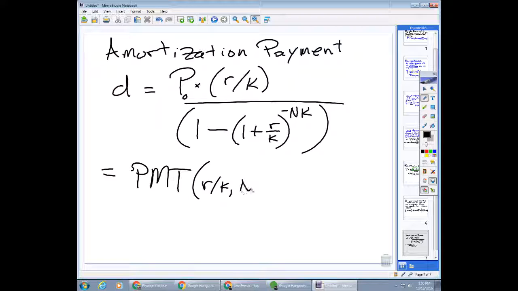That would be N times K. And then it wants what is the loan balance, and that has to be entered as a negative because you owe it. And that's what we're calling P with a subscript 0. Other fields, I think the other fields are optional. So I'm pretty sure we can just close that. I'm going to double check that right now in my spreadsheet.